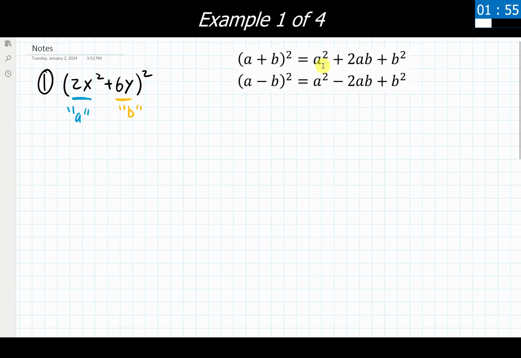Now, wherever an a shows up in my final answer, I'm going to substitute that in with 2x squared inside of parentheses. And wherever a b shows up, I'm going to substitute that with a 6y, and then I'm going to simplify my result from there. So writing this out, I should get something in this form.